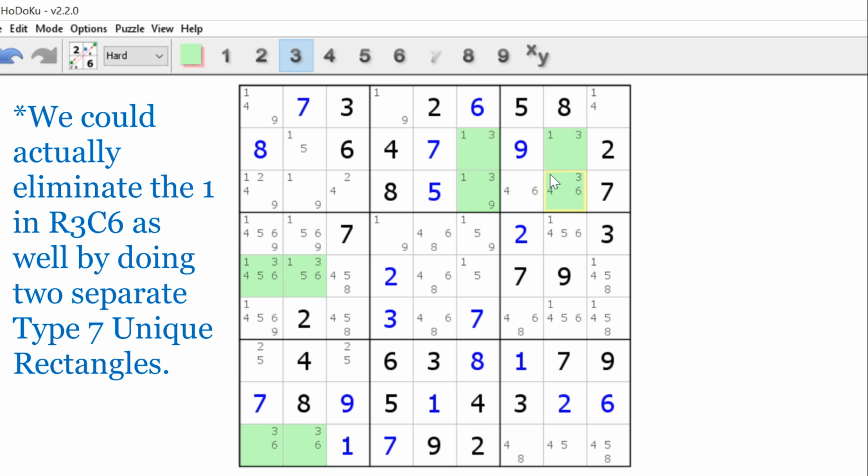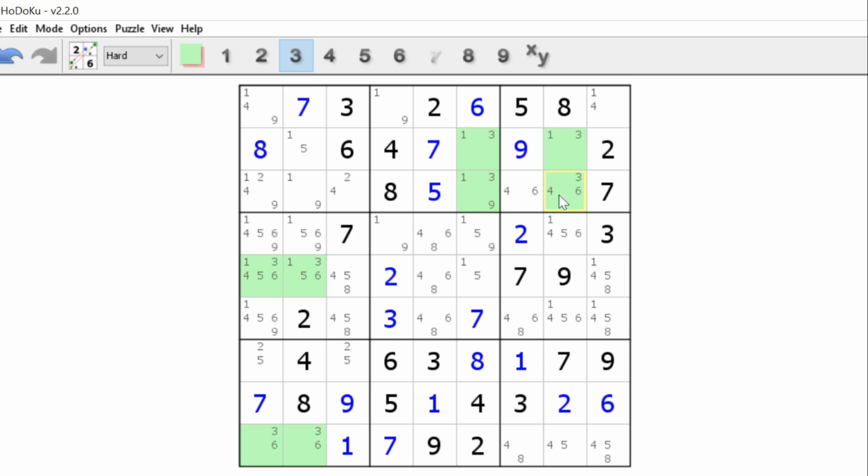Okay, and what does that do with our 1s? Now makes 1s across the top, across there, 3 4 6 3 4 6. Can't make any more eliminations that way. But we come down here, another unique rectangle, 3 6s.